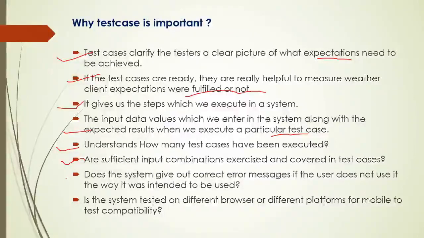Next, does the system give out correct error messages if the user does not use it the way it was intended to be used? Showing the correct messages to the user is also very important, so the tester needs to design test cases on such input. Is the system tested on different browsers or different platforms, including mobile, to test compatibility?